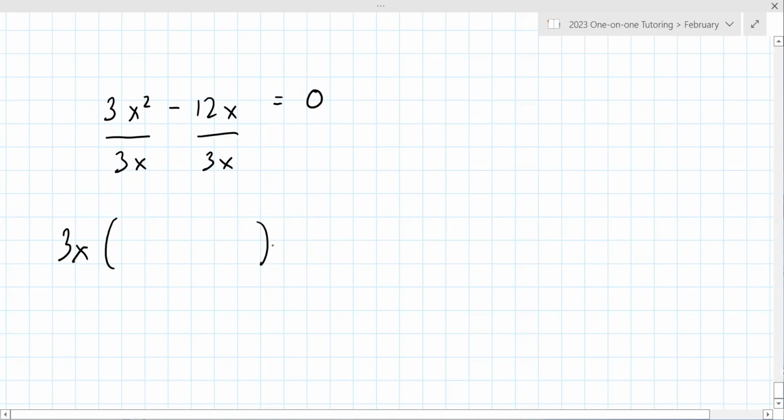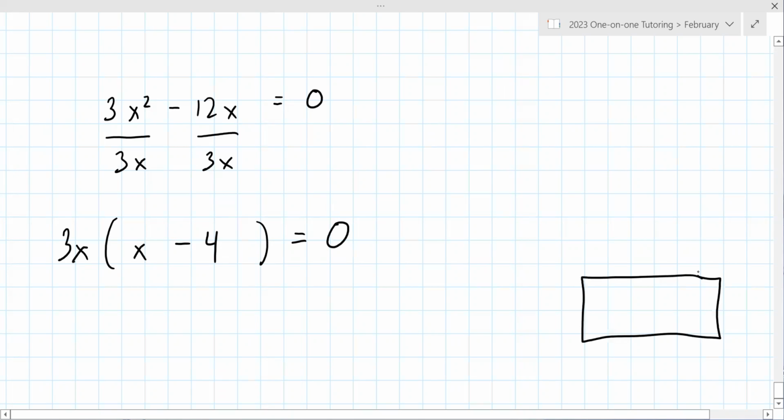And then you'd get x in the first one. And you get x minus 4, because 12 divided by 3 is 4, and x divided by x is 1, equals 0. I want you to solve it from here. Give me two numbers when you're done for your final answer.